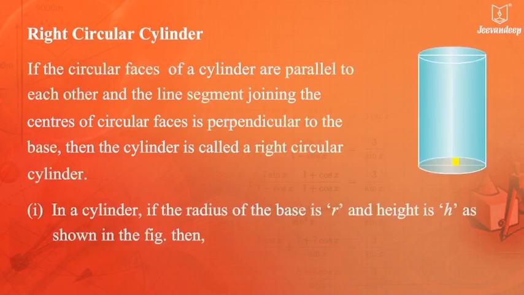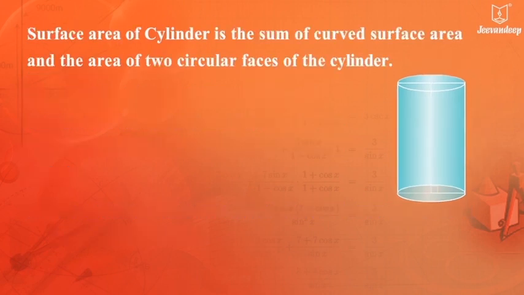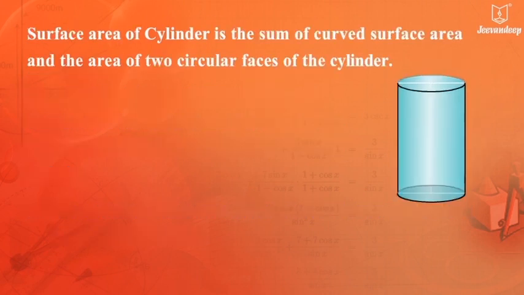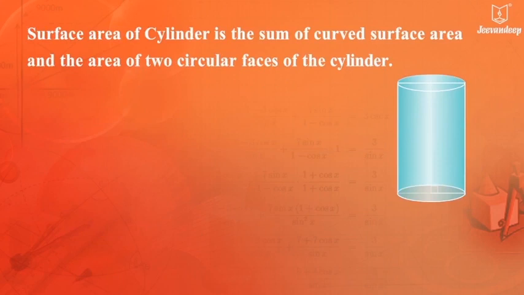In a cylinder, if the radius of the base is r and height is h as shown in the figure, then surface area of cylinder is the sum of curved surface area and the area of two circular faces of the cylinder.